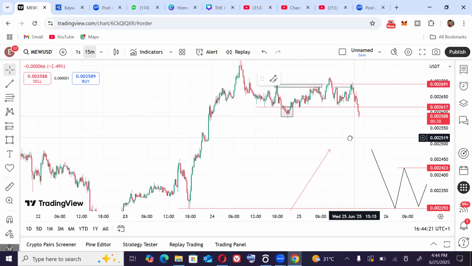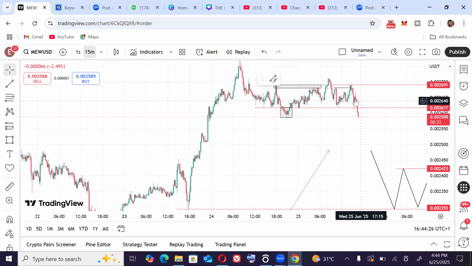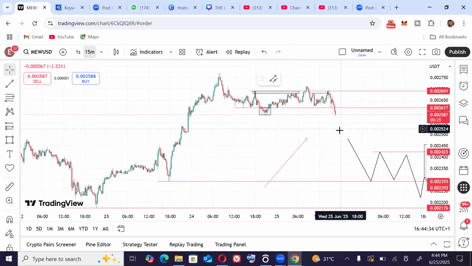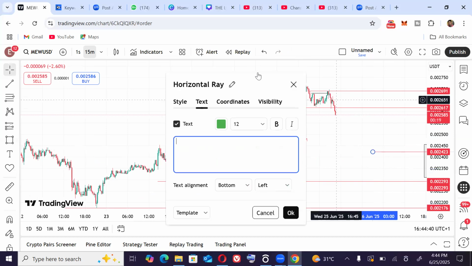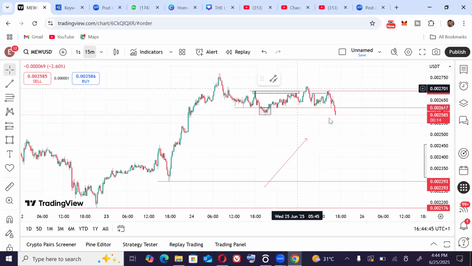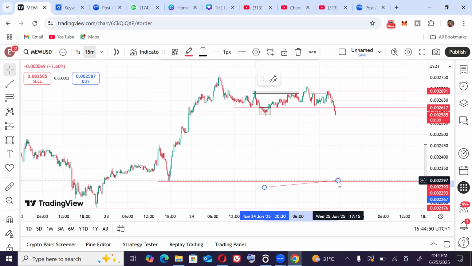But me, I would like to come in somewhere around here. When price retraces again, I would like to come in here to take my sell and then swing it all the way to this point. I'm going to swing all the way from here down to this point.